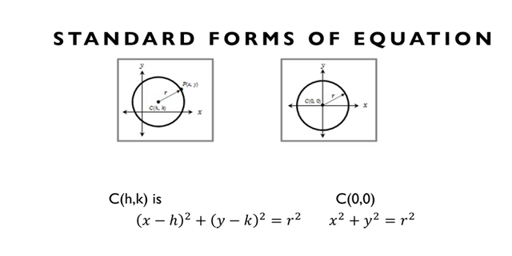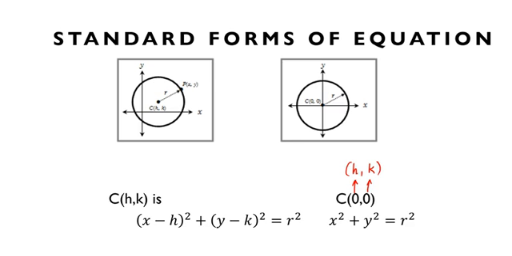So with that, what are the forms of the equation of the circle? We have the standard form, or the center-radius form. If you focus on the right side here, typically the x of the center is named h, and the y is named k. So this is the coordinate for the center, h and k.